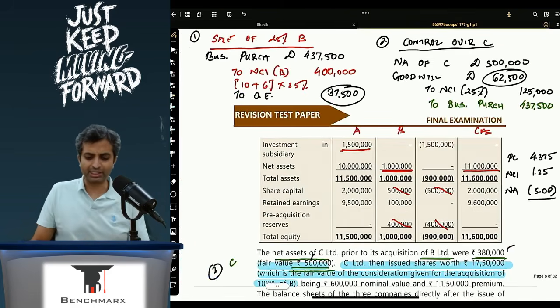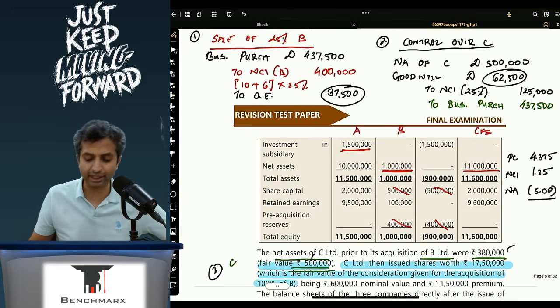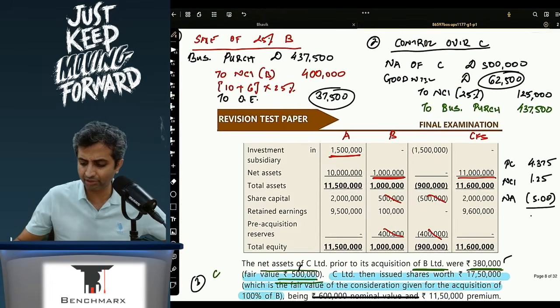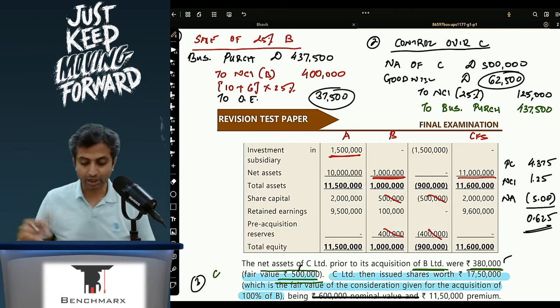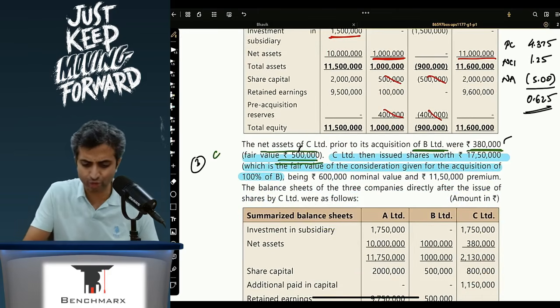You can also pass an entry like this for acquisition of control. Either you can pass an entry like this or you can just show a working like this and get 62,500. There's a lot of literature written behind, but by and large that should suffice.